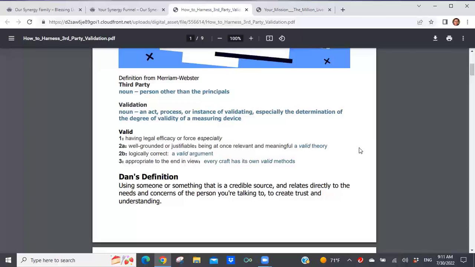Now, if they know it's in the area of exercise physiology, they might respect it. But if you can have a third person provide validation to what you're trying to share with that individual, people will accept the information from a third party many times faster than they'll accept it from you.